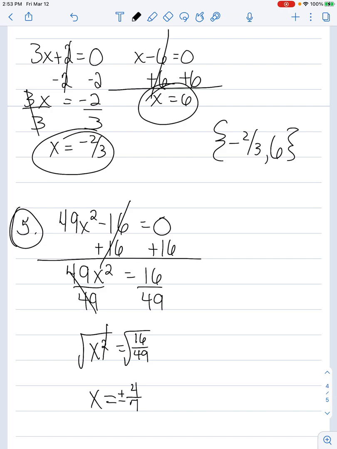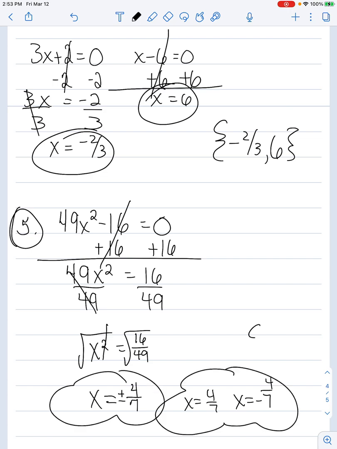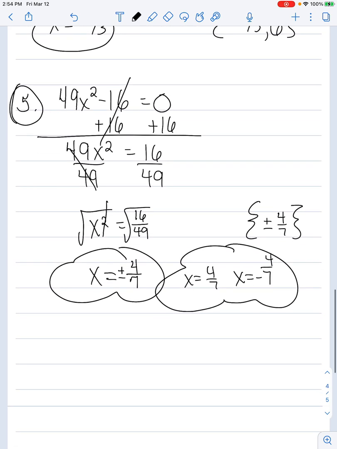So my solutions are positive 4/7 and negative 4/7. This is one of the ways you could write it. You could also just write it out like this. So that's one way you can write it. Here's another. And yet another. Plus or minus 4/7. All that means the same thing. I just want to show you. So that's how I would use square roots to solve a quadratic.